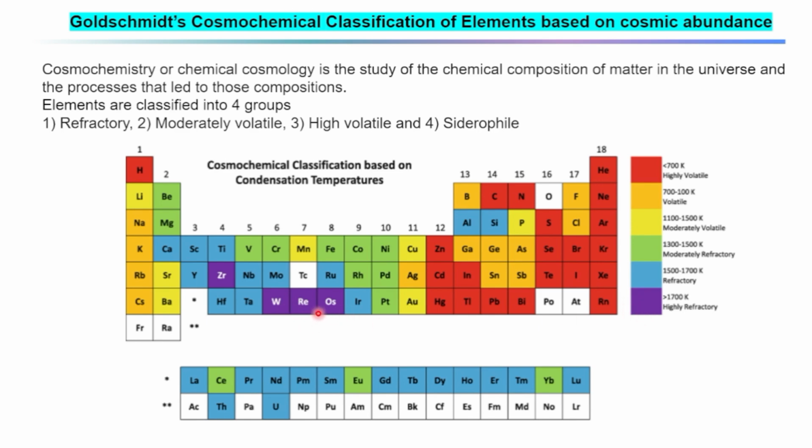Tungsten, osmium, rhenium, zirconium are highly refractory. So this is the periodic table which classifies the elements based on their cosmic abundance. If you want to know more in detail about these things, you can Google them, or you can see some lectures focused on cosmochemistry.